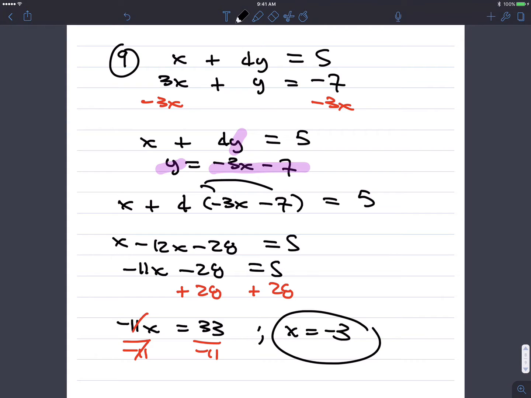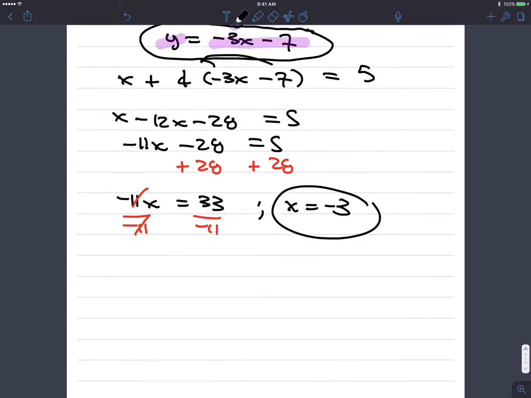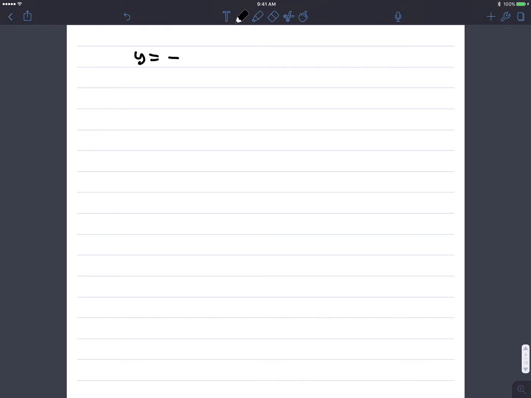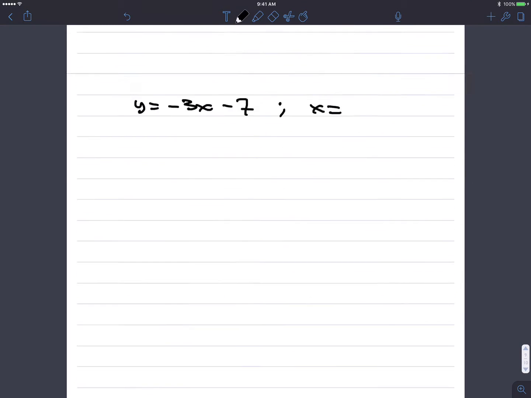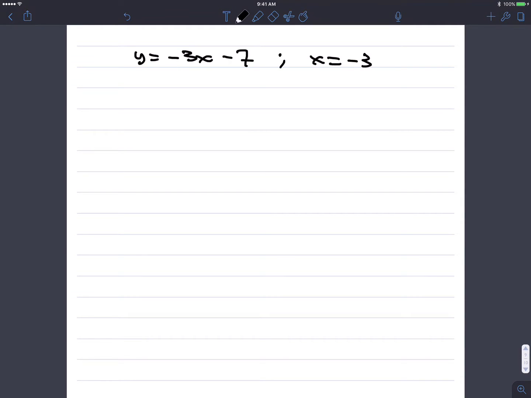Now, go back here to the new second equation. When you use back substitution, I'm going to plug back in my x value being negative 3 into that particular equation because it's already solved for y. We discussed this in lecture. So let's write this down. If y is negative 3x minus 7, and we know x is what value? Negative 3. Let's plug this value in.